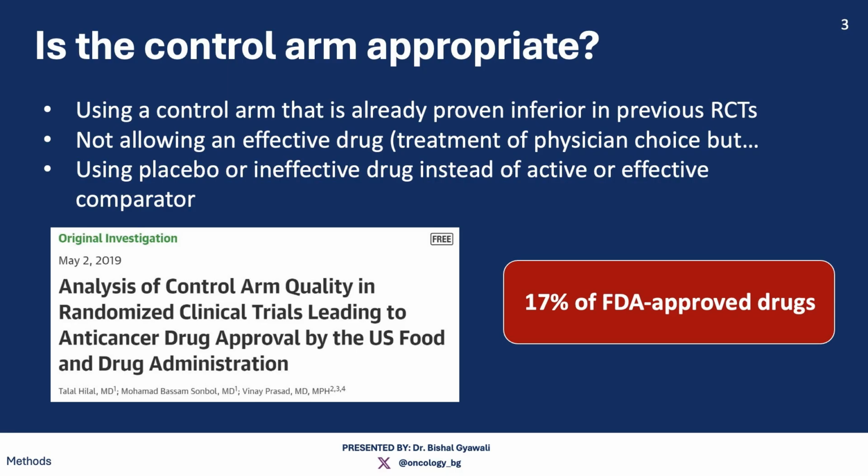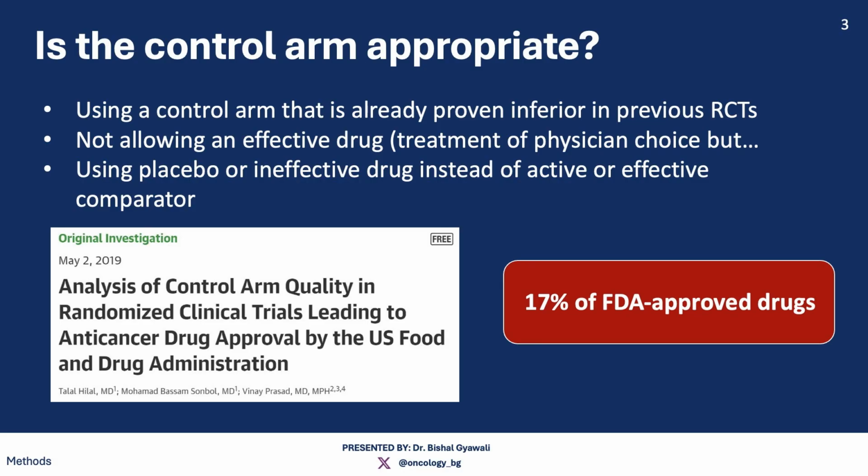And the control arm may not be appropriate. And how do you decide that? There are three ways in which the control arm can be gamed, so to speak. First, using a control arm that has already been proven to be inferior in previous trials. Second, not allowing the physician to use an effective drug.